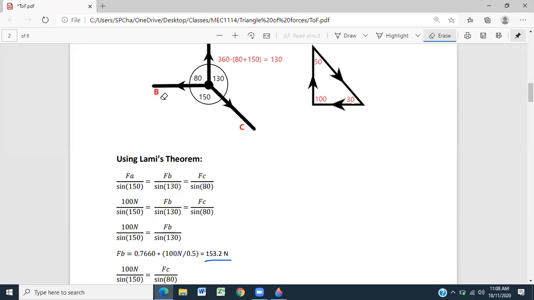Well, you could also use the sine rule, because the sine rule, cosine rule and Lamy's theorem apply to all of these systems. It's just that the right angle is easier because Pythagoras theorem is easier, and sine of 30 over some 100 newtons is easier to solve than sine on both sides, right?